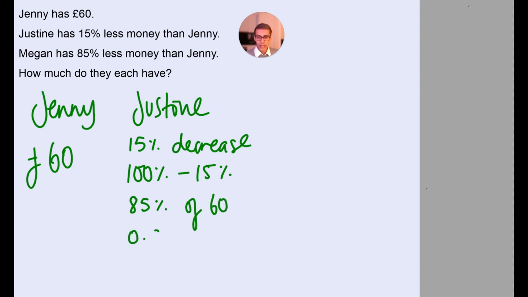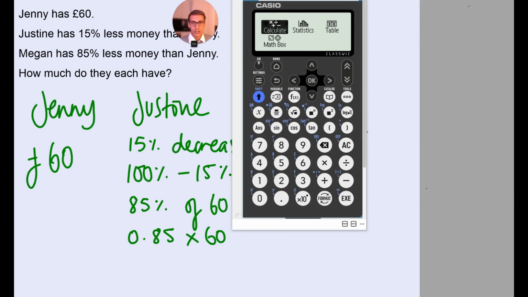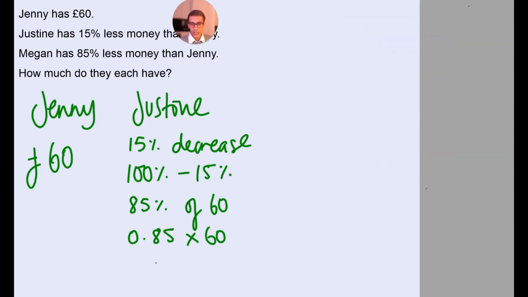Now that's 0.85 times 60. And on a calculator we can just put 0.85 times 60. That's going to give us 51. So Justine has £51.